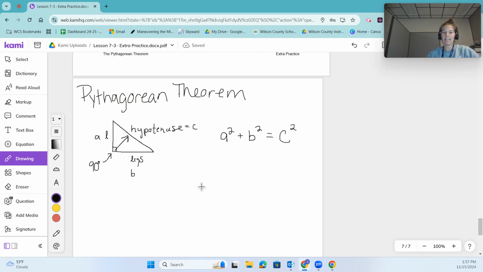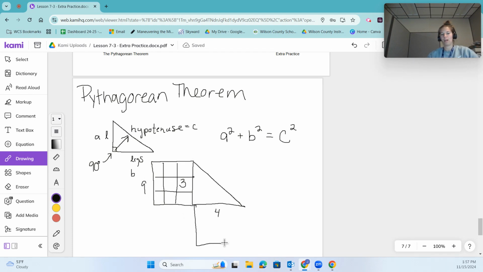Now what this is going to look like is, if I have a triangle whose legs are 3 and 4, and I draw a square on either side to represent this, the area of that square is 3 squared, or 9.